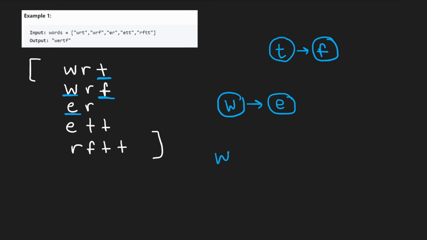Maybe it's actually going to be W, F, E, something like that, right? But we don't really know that for sure. All we know so far is this is true and this is true. That's all we can assume from this ordering, right? We know that these first two characters are in that order, but the remainder of the characters might be in any order, right? Because when words are sorted, they're only sorted on the most significant differing character.